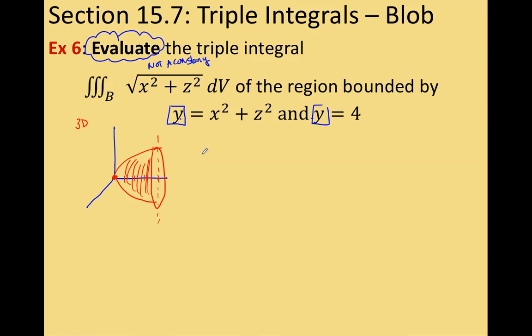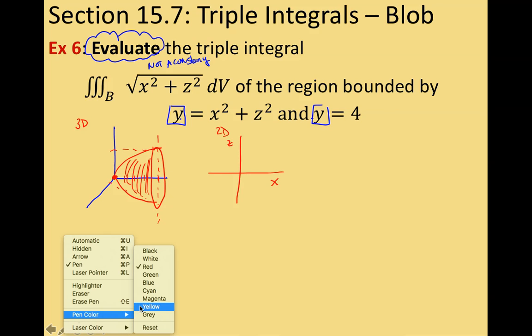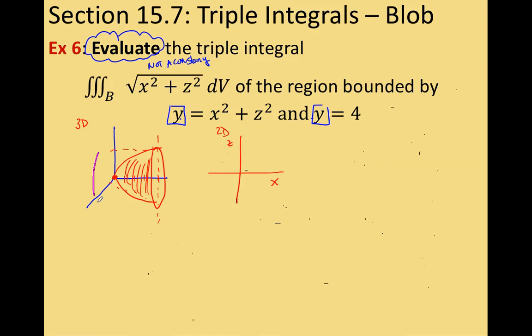Look down the y-axis for your 2D sketch, and you're going to be on what plane? You're going to be on the XZ plane, right? Again, it's a terrible drawing, but it's good enough. So what am I going to do with my triple integrals here?